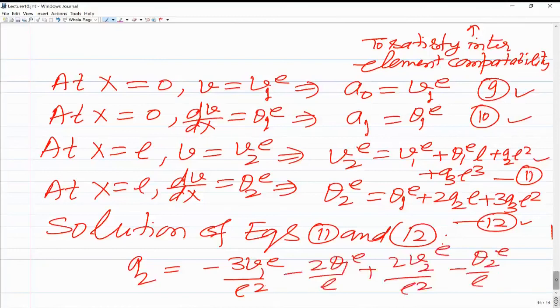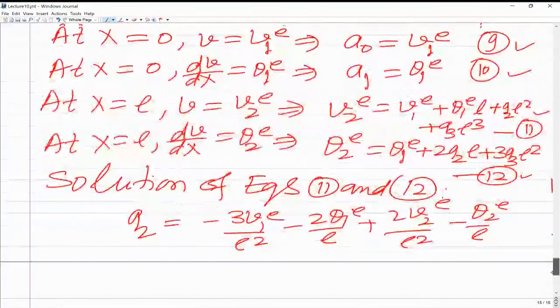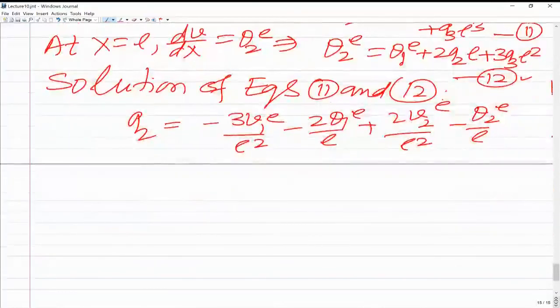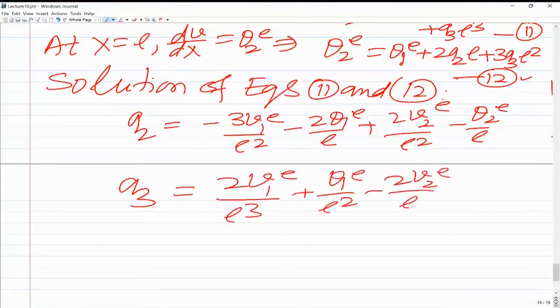If you solve equations 11 and 12 for a3, similarly the solution will come out as, you should cross check this, solve equations 11 and 12 for a2 and a3 and check that whatever I have written is correct or not. So a3 will come out as 2v1e by l cube plus theta 1e by l square minus 2v2e by l cube plus theta 2e by l square. So these are the solutions.